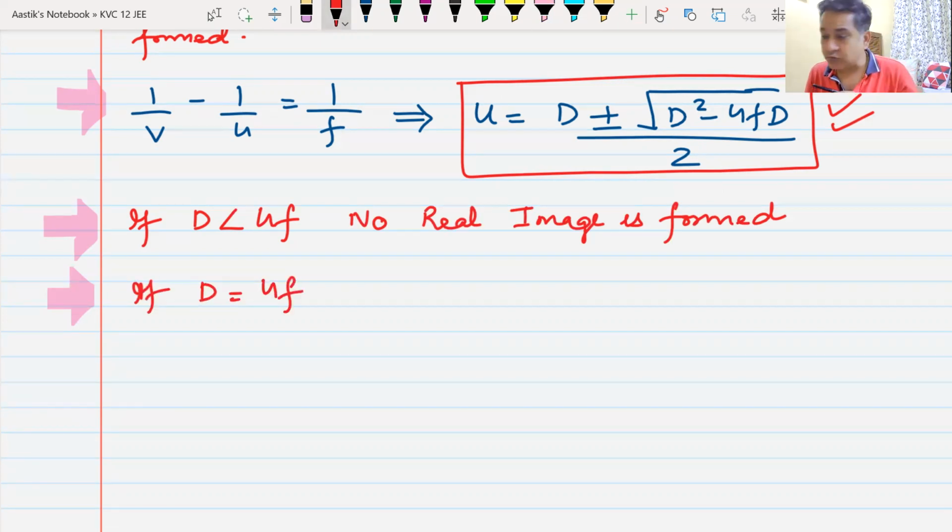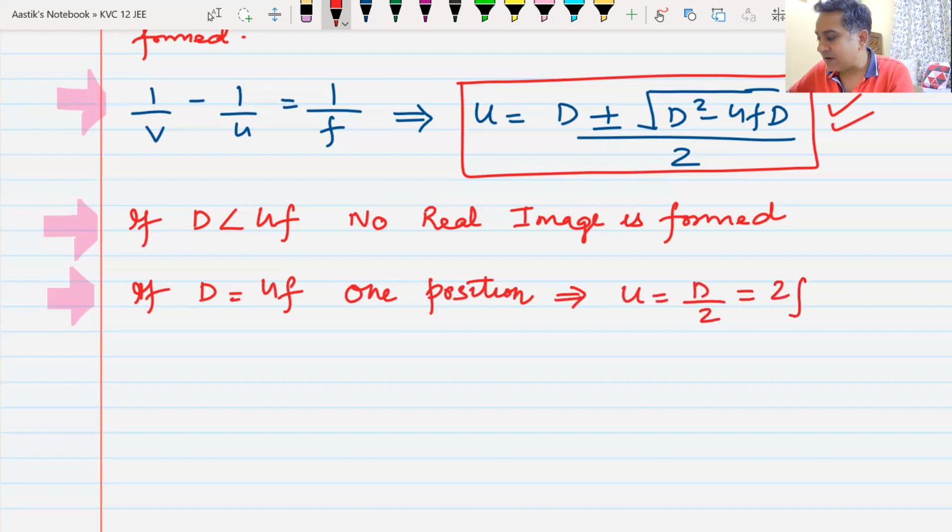If D is equal to 4F, there is one position for which you will get a real image, and that position is when the discriminant becomes 0, your U becomes D by 2. That means it becomes 4F. Your U will be 4F.